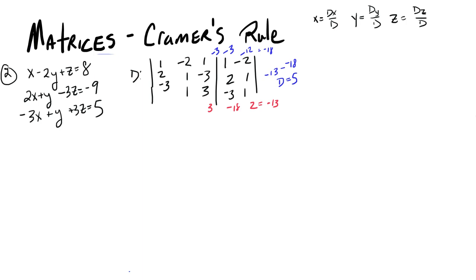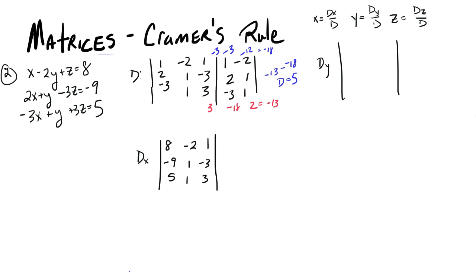All right, so now we're going to do dx. I'm going to swap out the first column with the answers. So it'll be 8, negative 9, 5, and keep the other two columns the way they were. And while we're at it, might as well set up dy, excuse me.